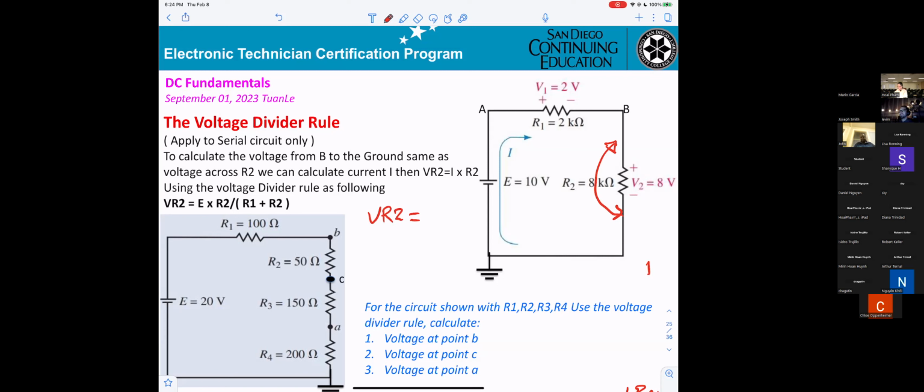Normally, if you want to calculate the VR2, you need to get the current I, then times R2. Now they said we can use the voltage divider to calculate it.